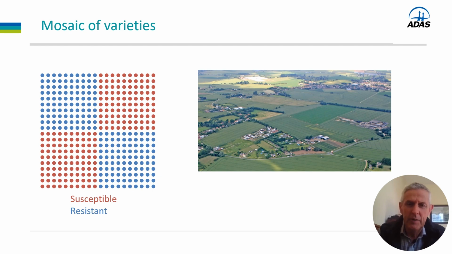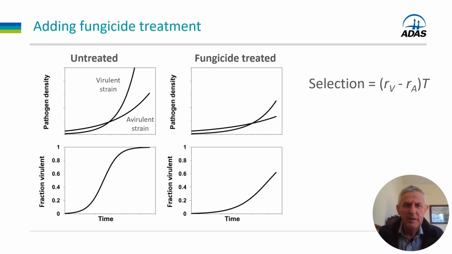So the other thing we could do is illustrated by these diagrams here. On the left we have the figure that we saw before with a virulent strain and an avirulent strain, leading to an increase in the fraction virulent through time.